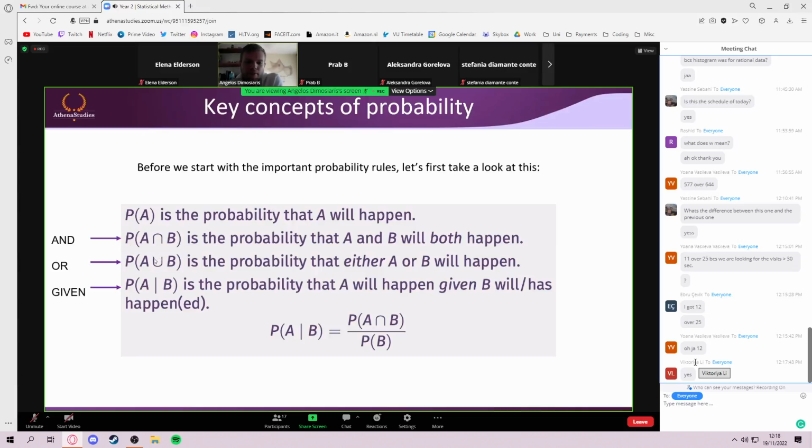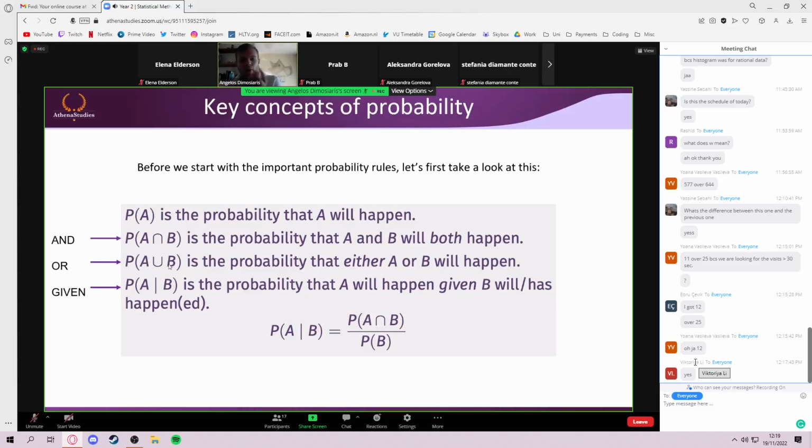Now, we have the other way around, another symbol, which is the OR symbol. In this case, we talk about the probability that the event A or the event B will happen. So here we care about both events, and should both of them happen, and here one of them can happen.